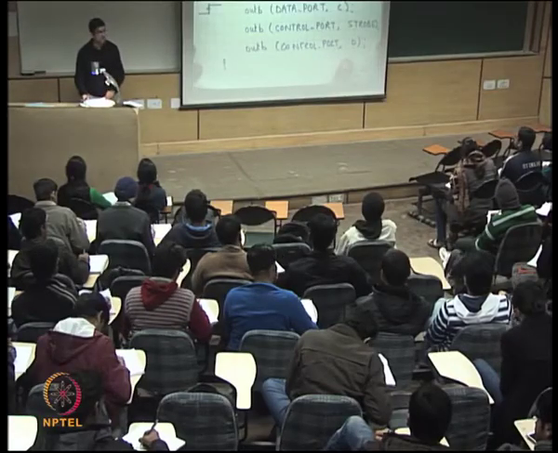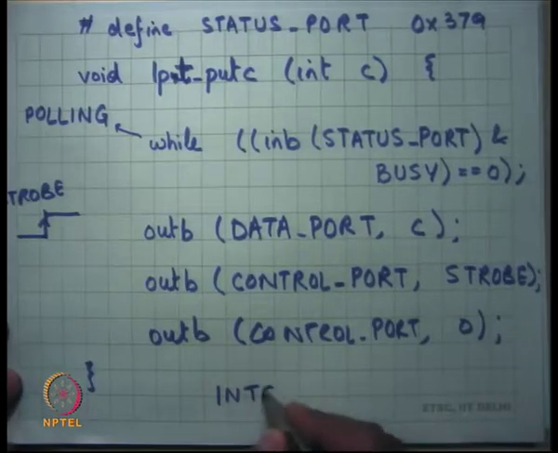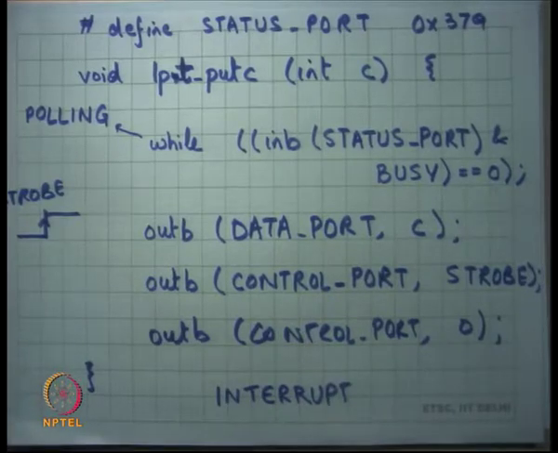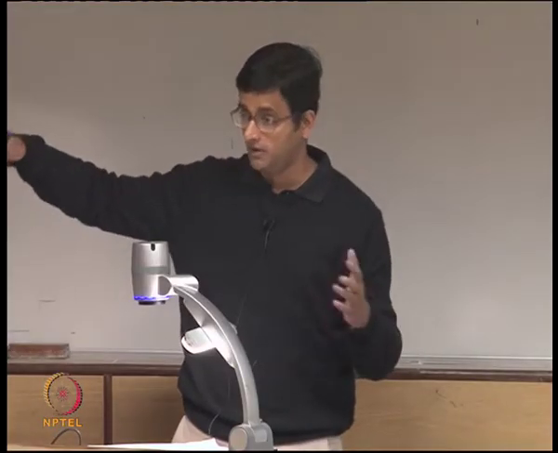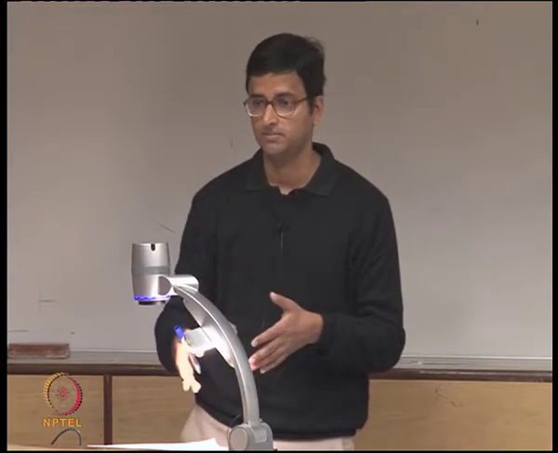As opposed to the other approach which I just described, which is called the interrupt based approach, in which case I tell the printer, look, interrupt me when you become free, and now I start doing something else, and when the printer actually becomes free, it interrupts me, and I check again whether it's actually free, and then I execute the same logic.